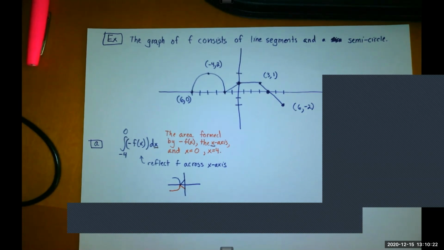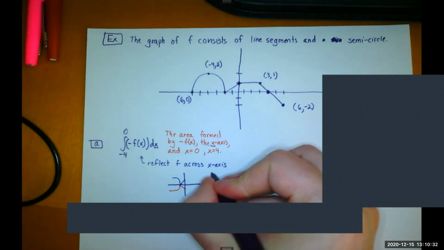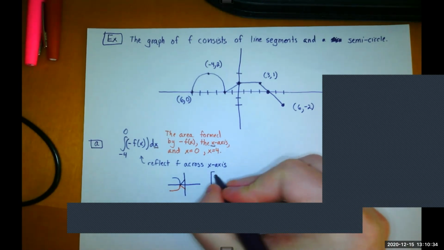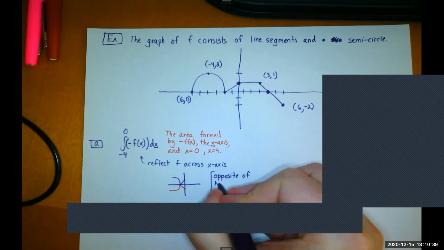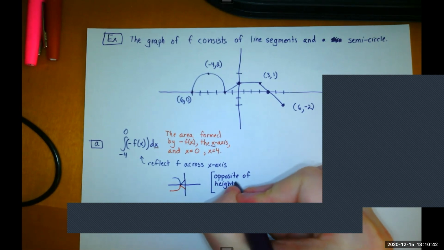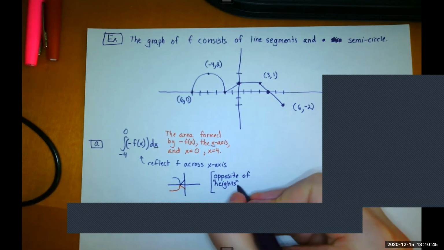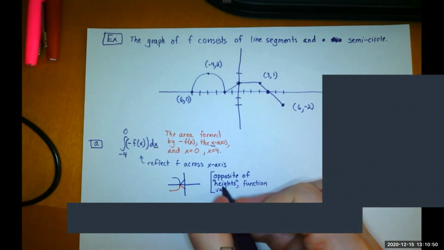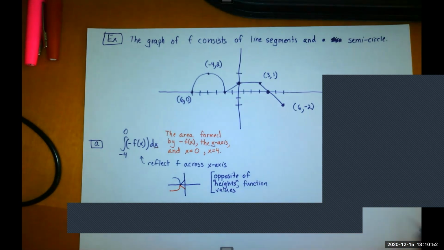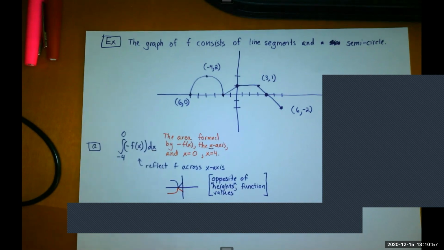So there's a few ways of thinking about what's going on here. One of those ways you could think about it is, we're going to take the opposite of all of the heights, which again are function values. That would make sense.